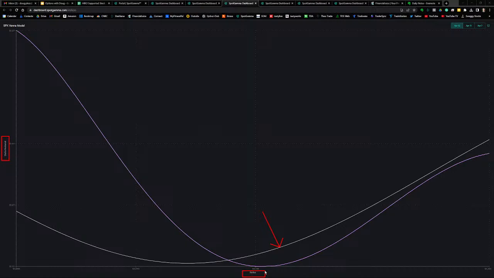That's shown on the horizontal axis. So this is showing that market makers' delta notional will increase as price increases, and they have to sell futures to hedge their delta exposure.